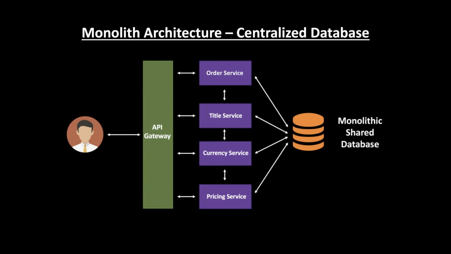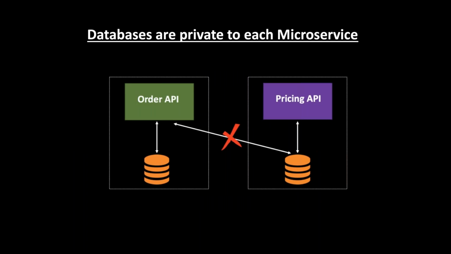Once you start doing it, one of the key principles we should keep in mind is that databases are private to each microservice. In this diagram, we have the order service and the pricing service. No microservice can directly modify data stored inside another microservice, right?